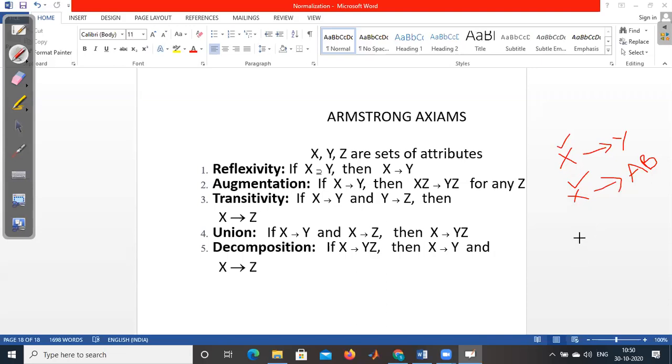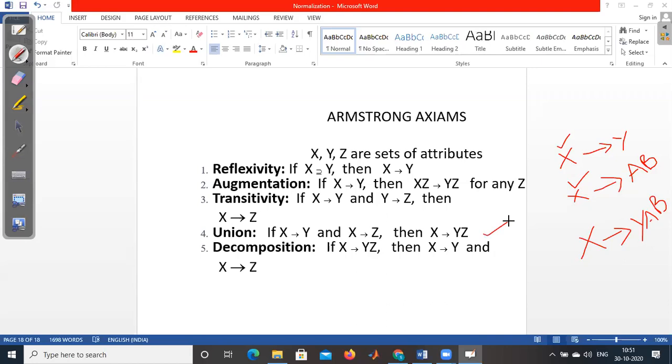It is going to give X → YAB. So this is the union rule.